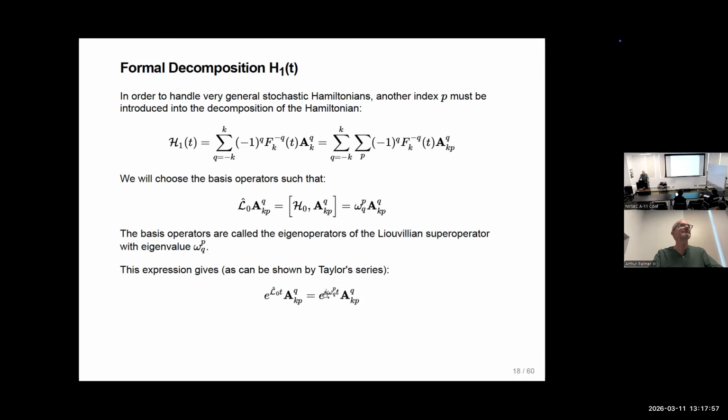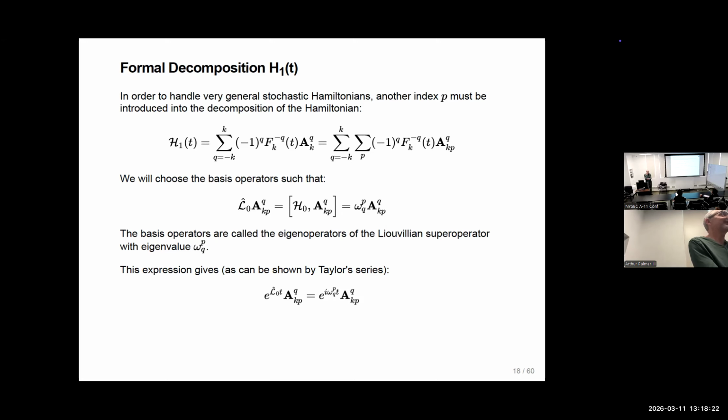I'm a little confused why you choose the base operators being eigenoperators of the operator I just said. Right. It's because I wanted this expression at the end. Again, it's always helpful to know the answer. So I have to do this transformation in and out of the interaction frame.